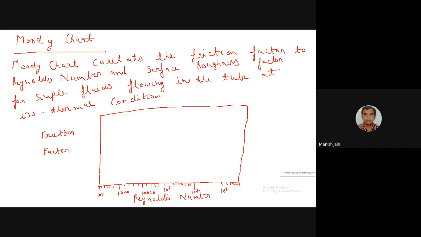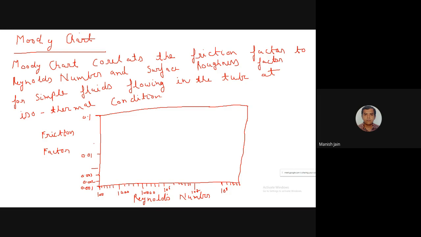Now, in the y-axis you have the friction factor, which starts from 0.001. In between you have 0.01, and at the upper end you have 0.1. In between you have the other points, 0.002, 0.003, 0.004, like this.